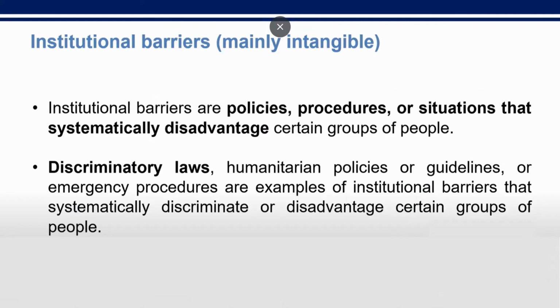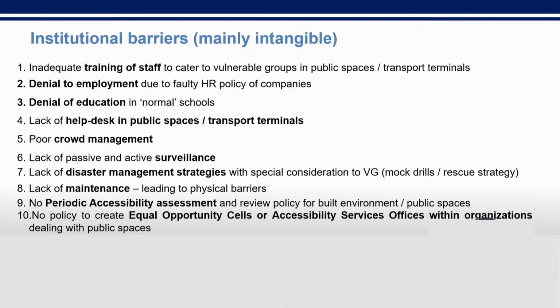That means psychological disabilities. So discriminatory laws, policies, guidelines, or emergency procedures are examples of institutional barriers that systematically discriminate against or disadvantage certain groups of people. Institutional barriers, mainly intangible, include inadequate training of staff to cater to vulnerable groups in public spaces, denial of employment due to faulty HR policy of companies, education in normal schools, lack of help desk in public spaces, poor crowd management, lack of passive and active surveillance, lack of disaster management strategies.